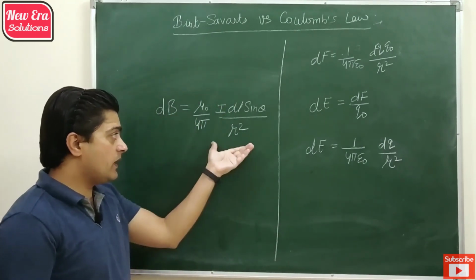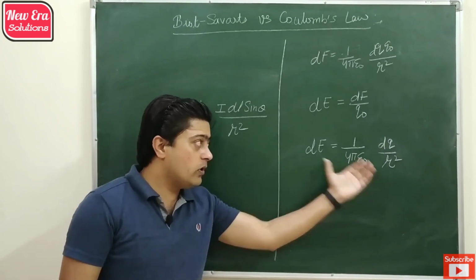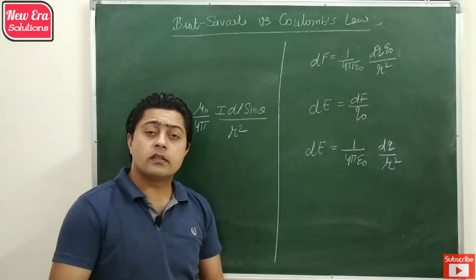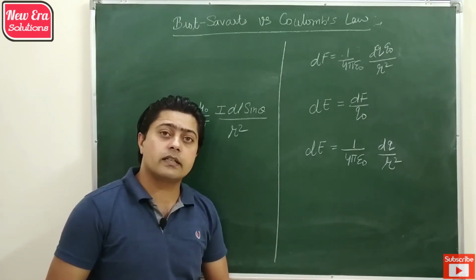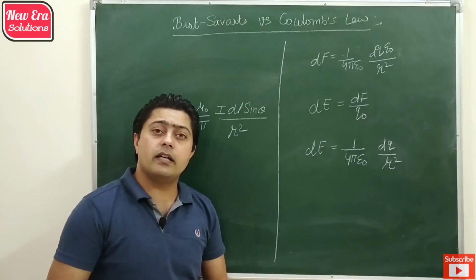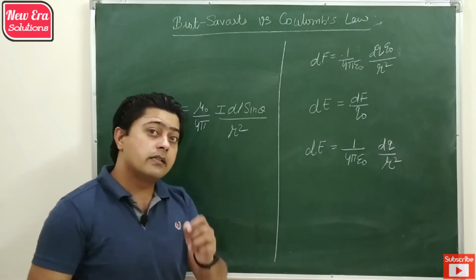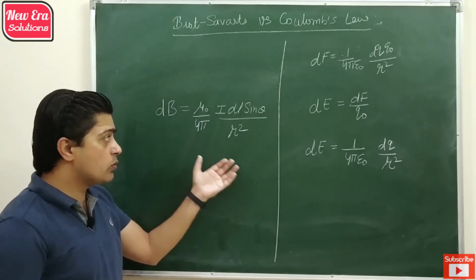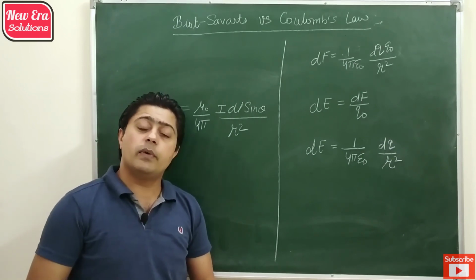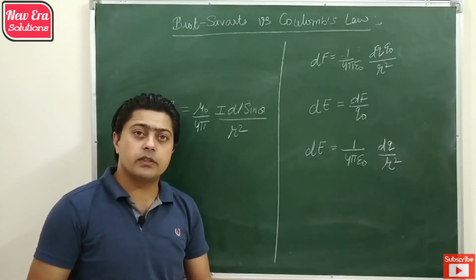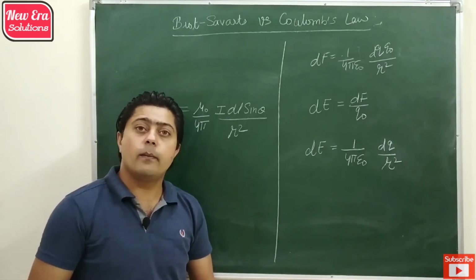The magnetic field also follows the inverse square law, and the electric field also follows the inverse square law. The third similarity is that the electric field due to a number of charges can be obtained by the vector addition of all the electric fields using the principle of superposition. Similarly, the magnetic field due to various current carrying conductors at a point can also be obtained using the principle of superposition, in which we vectorially add all the components of the magnetic field.